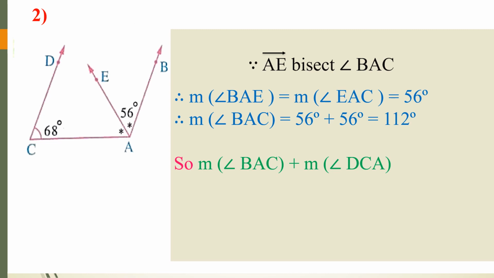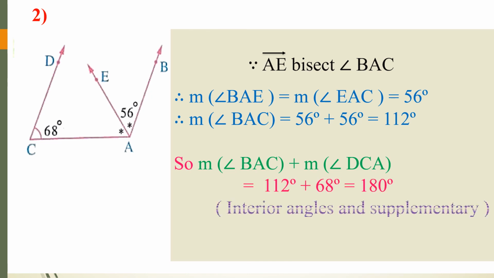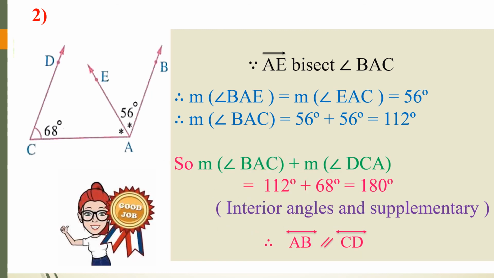So the measure of angle BAC plus the measure of angle DCA equals 112 plus 68, which equals 180 degrees, interior angles and supplementary. Then the straight line AB is parallel to the straight line CD.